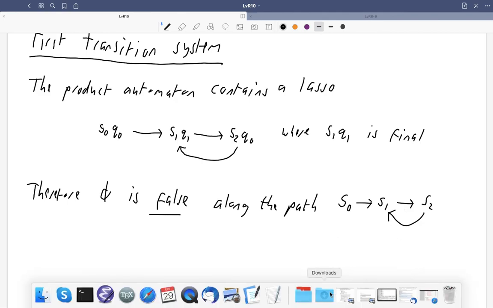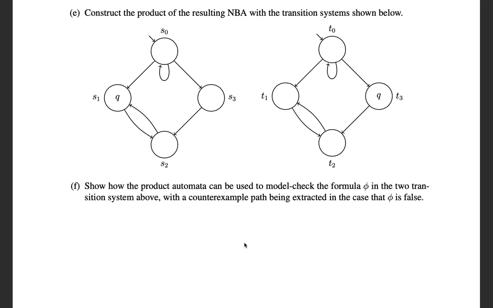If we go to the original automaton, we're going S0, S1, S2, and back here. Remember, our original formula was saying at some point in the future, it's never the case that further in the future Q is true.